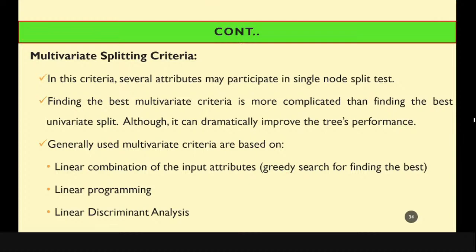Like in the previous data set which I have used, outlook, humidity, temperature, and wind, maybe we form a combination, let's say C1 outlook, C2 temperature, C3 humidity. We can try different combinations, and in a greedy way we can find out the best combination, which is going to be the most suitable for doing the splitting or for building the decision tree.